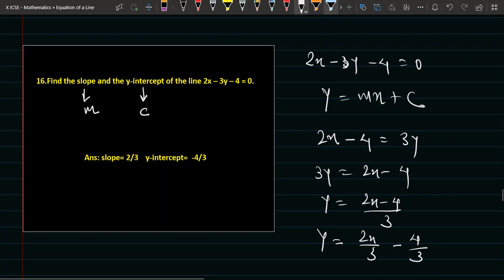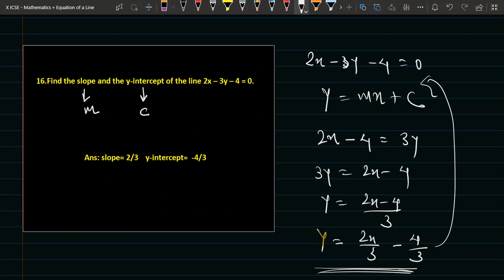So this form which you see over here exactly looks like y is equal to mx plus c.